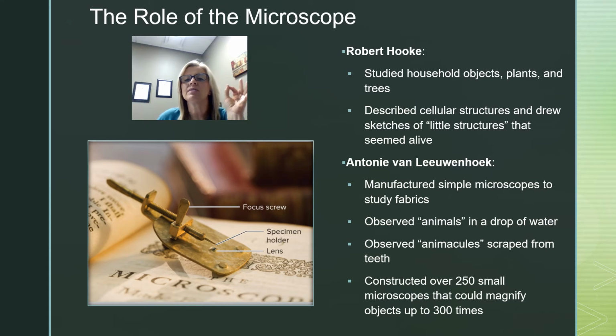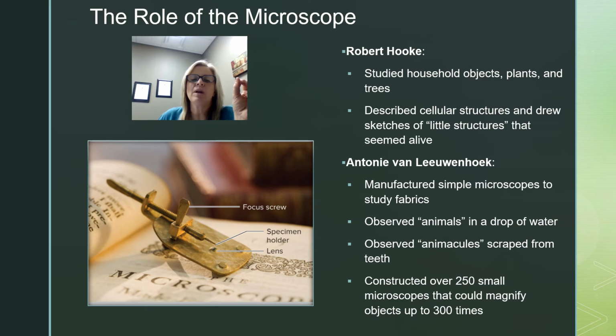Leeuwenhoek was a Dutch linen merchant, all right? So he actually made linens, but he practiced microbiology in his free time. He taught himself how to make glass lenses where he was able to see the threads of his fabrics and count the threads, and so that was part of his job. But he used these then to also view microbes, and he called these animalcules, okay?